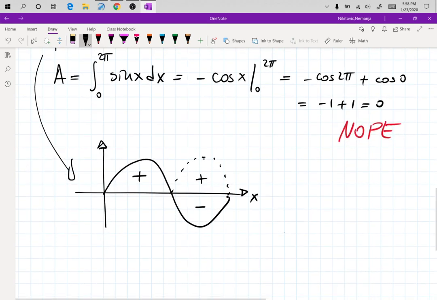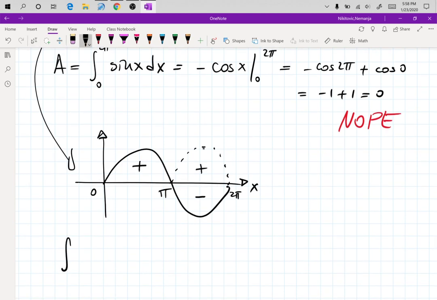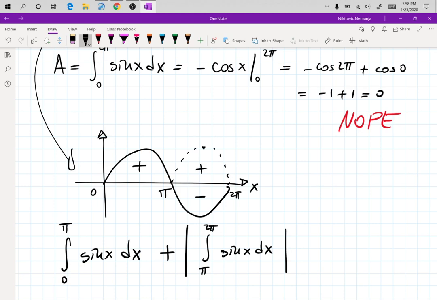So now, how do you get this? Well, you will use the integral from 0 to pi of sine x dx for the first one, plus the absolute value of the integral from pi to 2 pi of sine x dx for the second one.